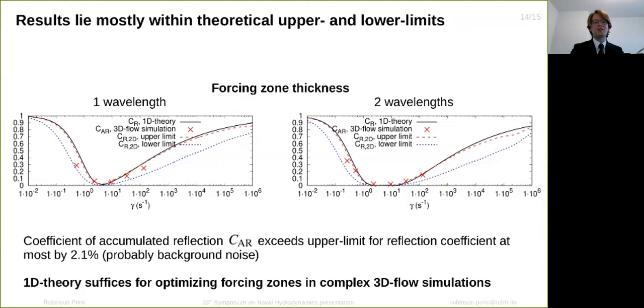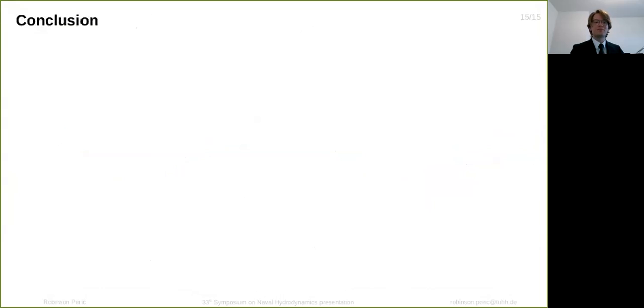And one can say that the optimum values for the forcing zone, for the source term magnitude, for example, and for the shape of these curves are well predicted already by the 1D theory. So this can of course be seen more like an upper limit of the actual reflection coefficient, but this suffices completely for optimizing forcing zones in complex 3D flow simulations.